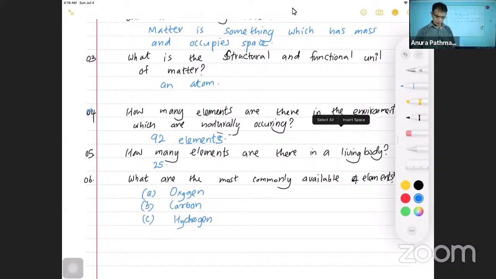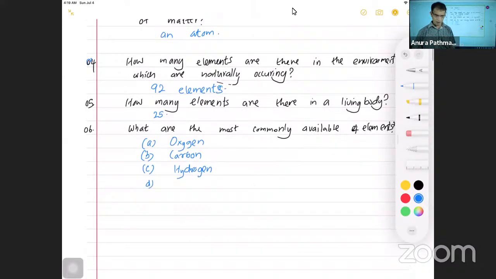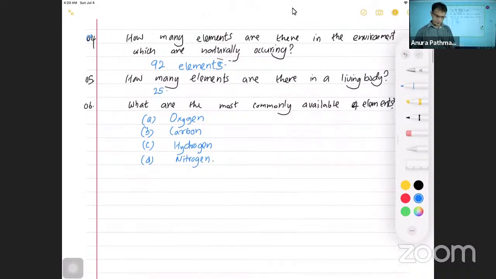So they are the 4 elements which are highly available in our body.